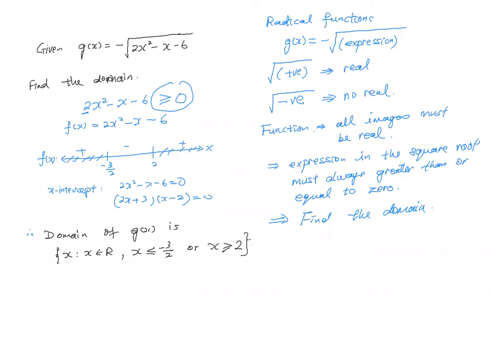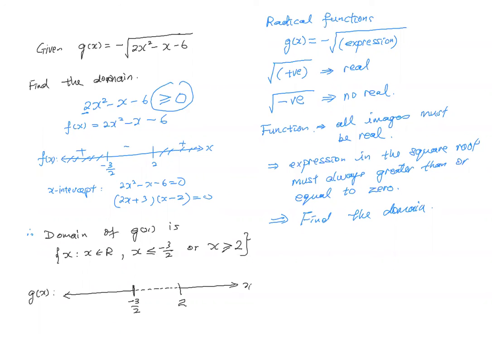When I draw the sign diagram of g(x), you look at negative 3/2: dotted line to full line.